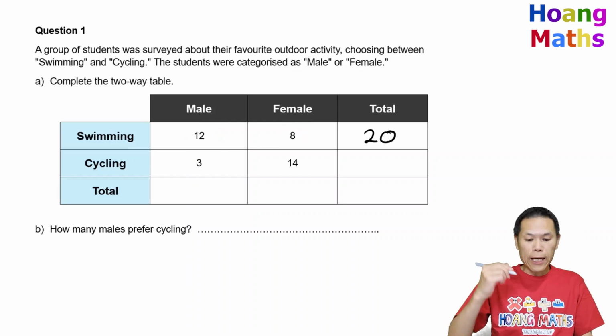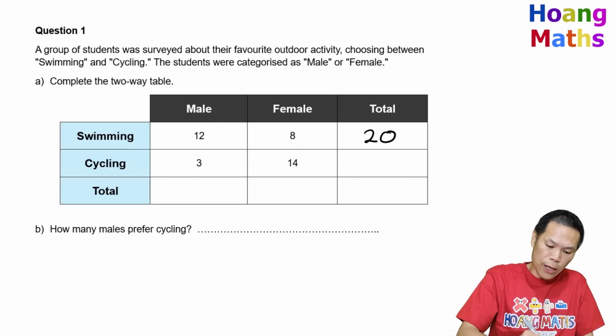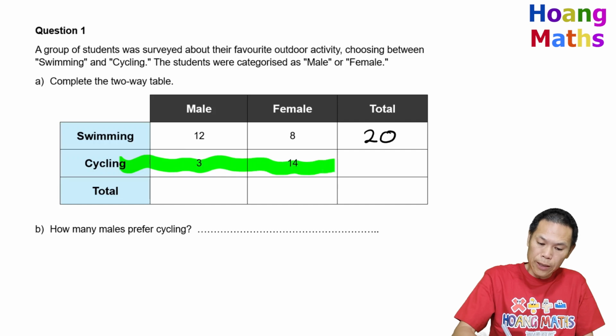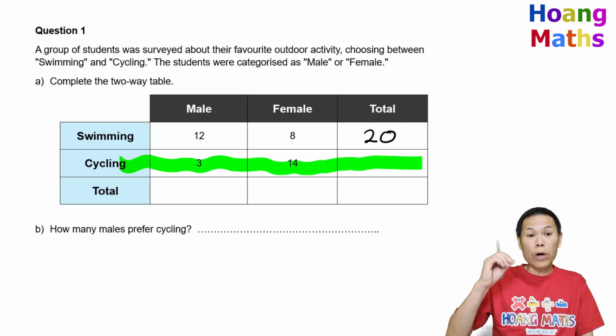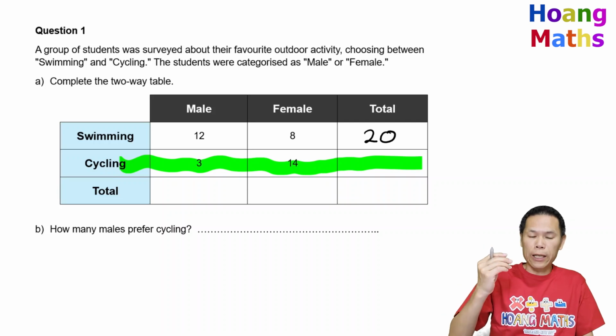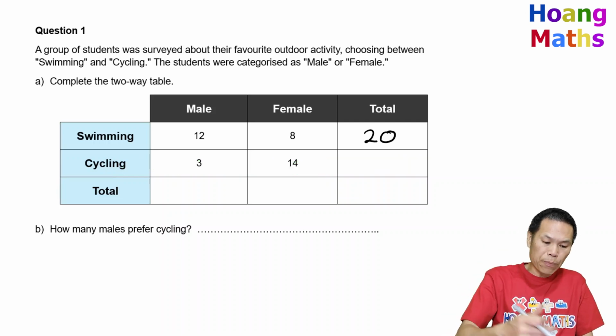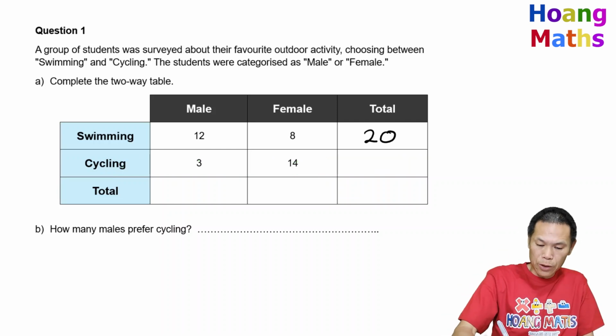And for cycling, this row here is for cycling. So we can work out the total number of students who are cycling. We add them up, which gives me 17, because 14 plus 3 is 17. So let me just write 17.